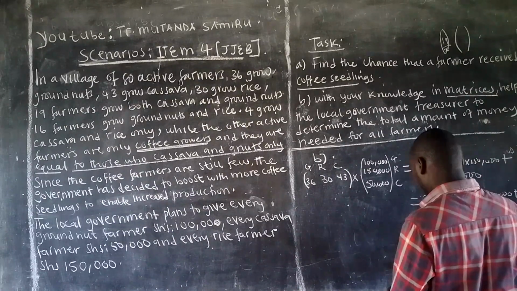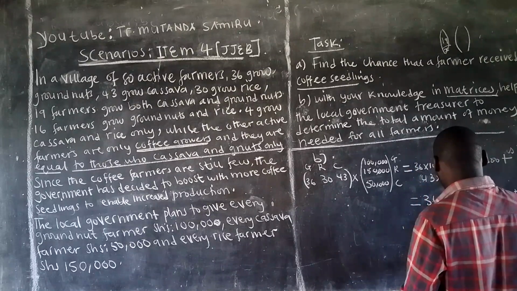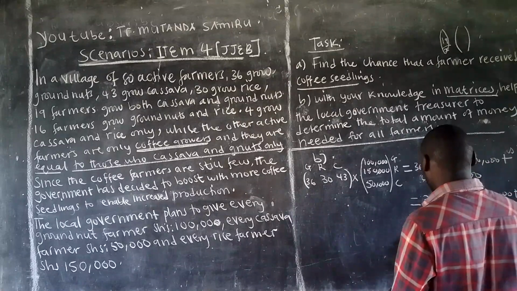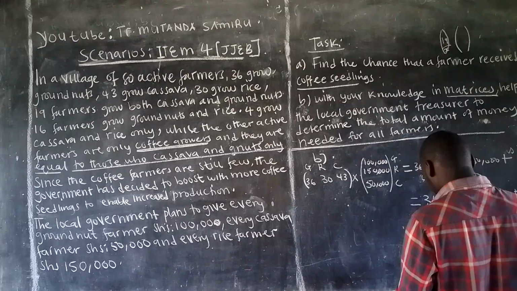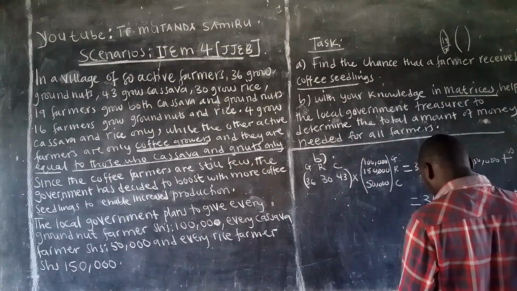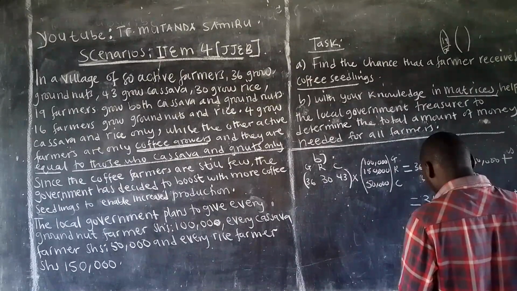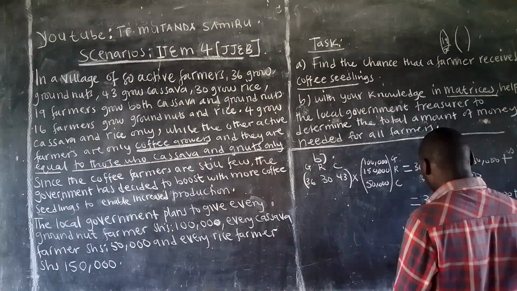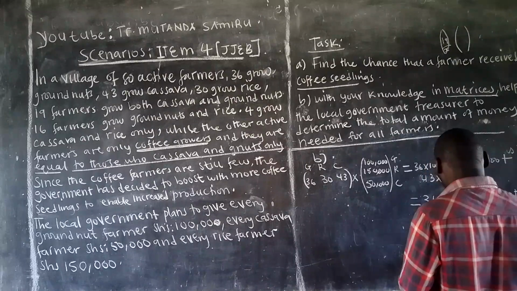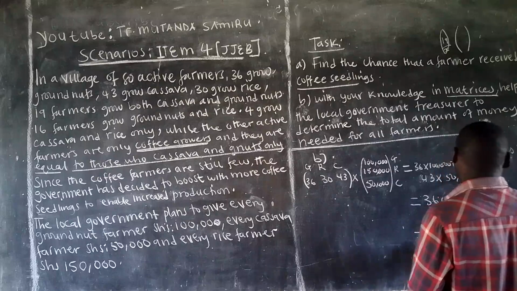Okay, it will be 2,150,000. And try to add, this will be 3,600,000 plus 4,500,000 plus 2,150,000.